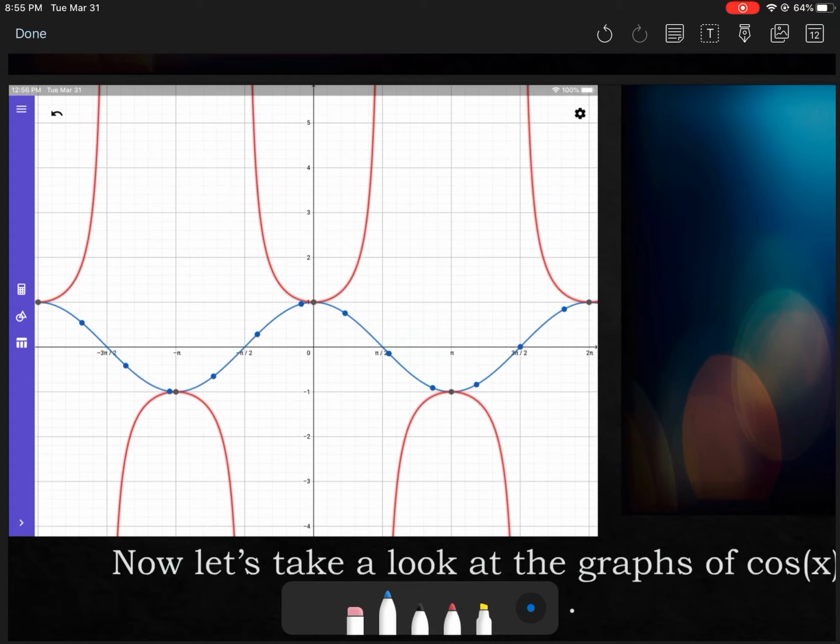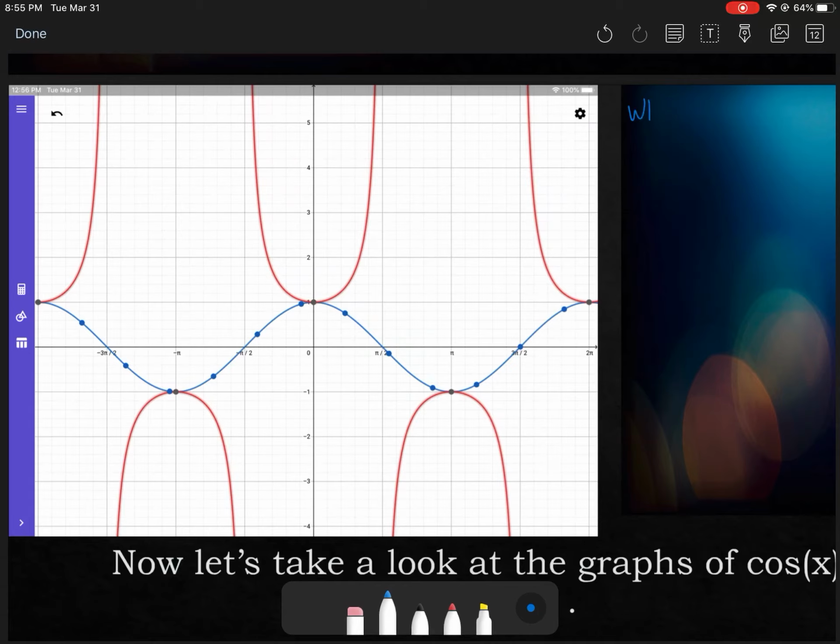They almost look like parabolas. Okay, and again, where cosine is equal to 0, that's where you find the asymptotes for the reciprocal, because wherever cosine is 0, the reciprocal is going to be undefined. Okay? So let's just write that down on the side here.